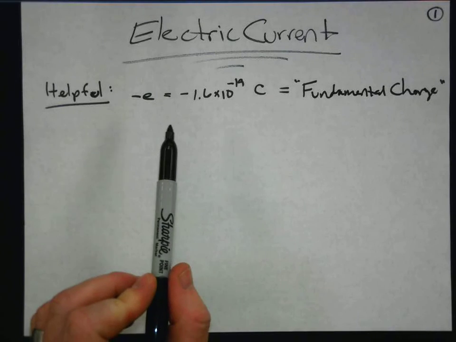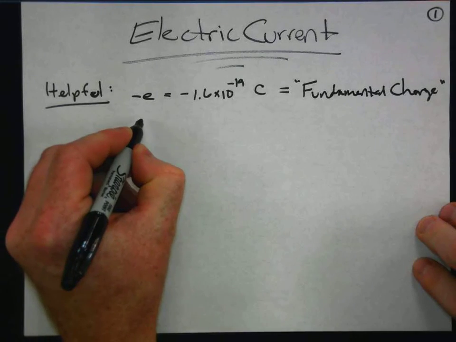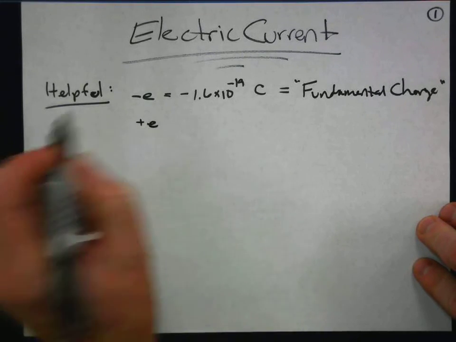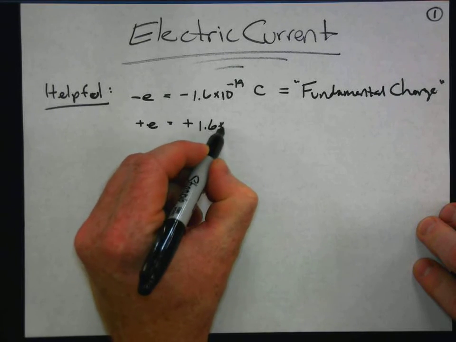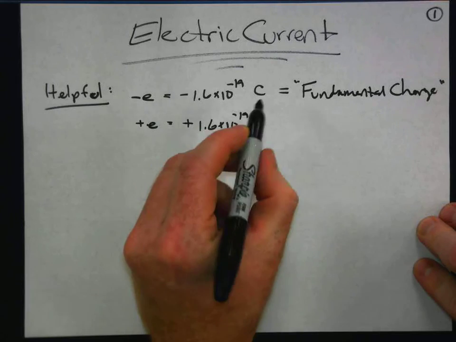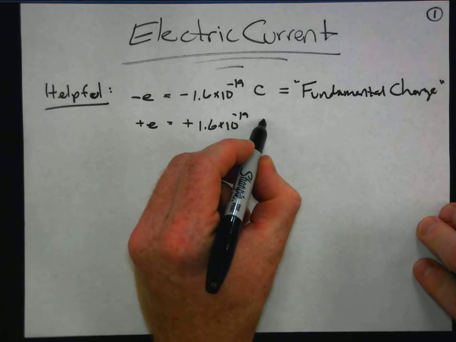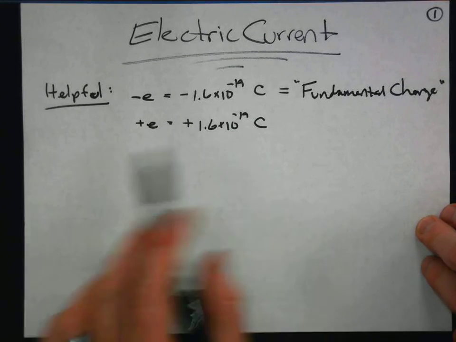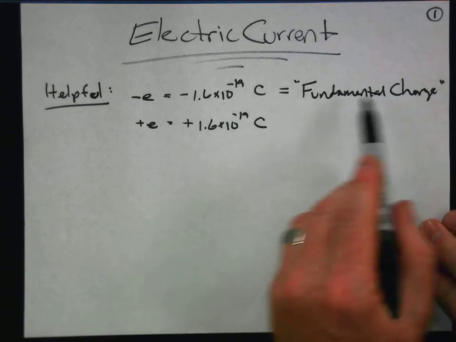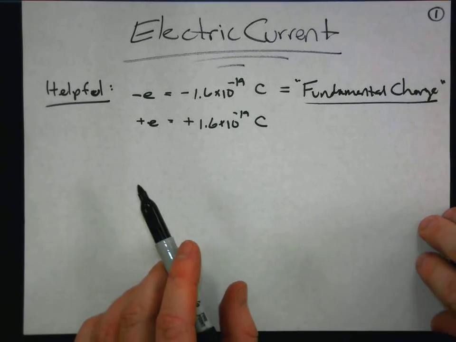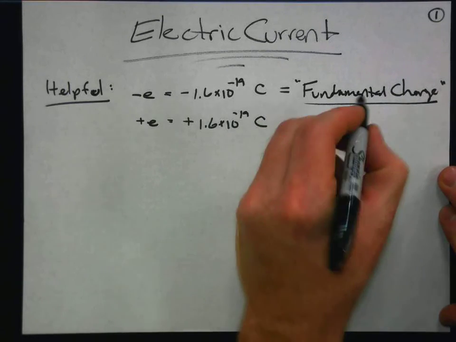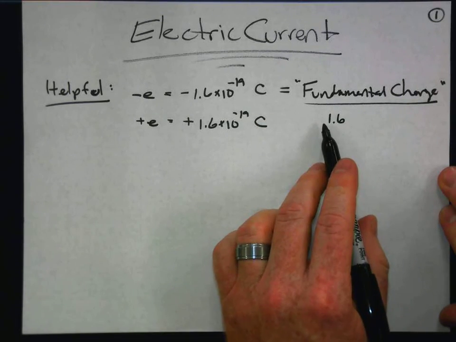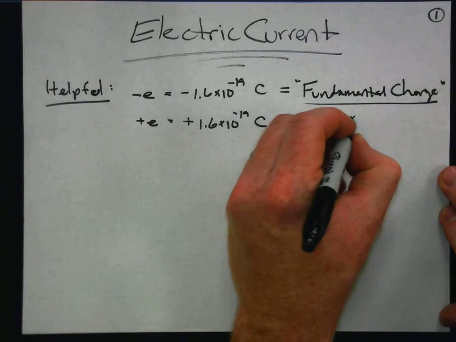Well, the charge on a proton would be positive e, essentially the same number, but the positive value. When you hear about the fundamental charge, typically you are just going to see the positive value. It's written without a plus or a minus, which really makes it a positive.